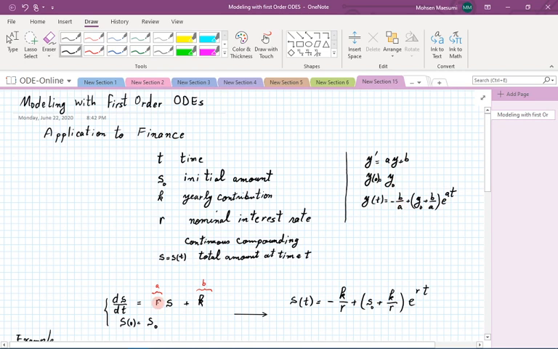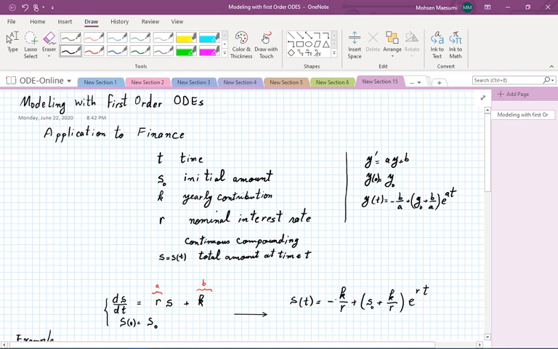Here, all that we pay attention to is that instead of the generic a, we have a quantity r that makes sense to us as the interest rate, and the other generic quantity b is replaced by our yearly contribution k. With the initial deposit S0 playing the role of y0, we can write the amount in the account quickly.